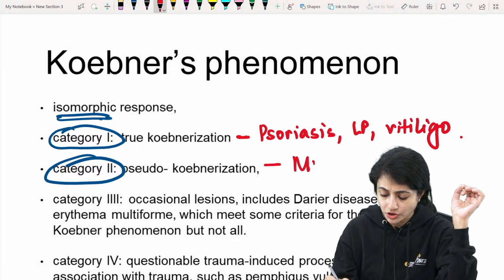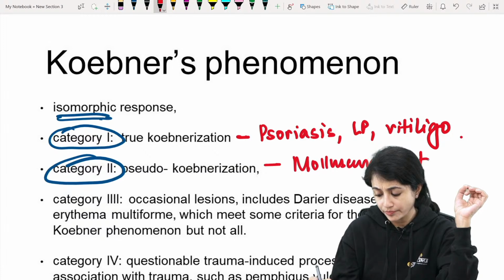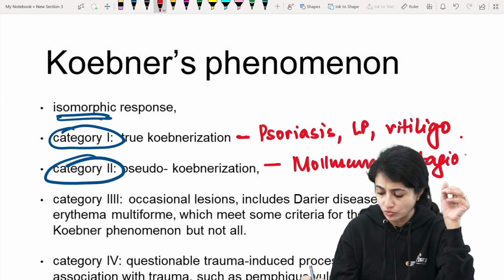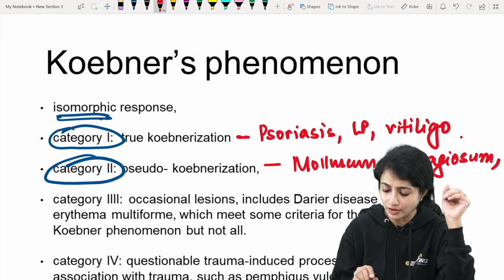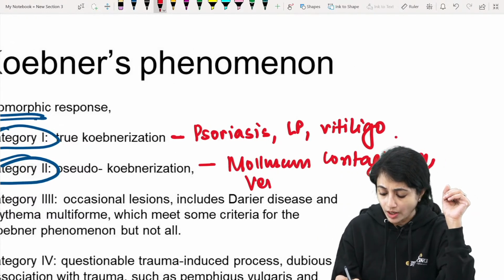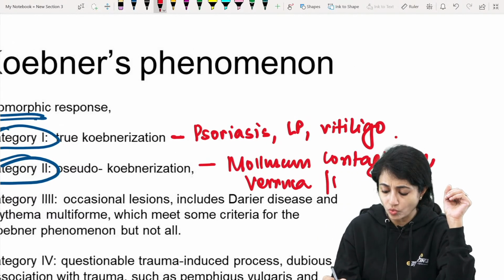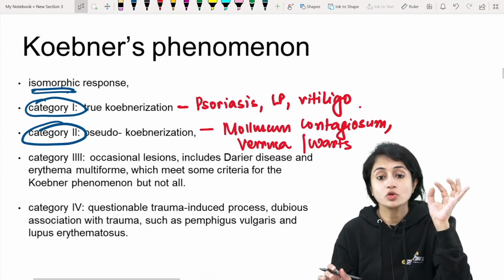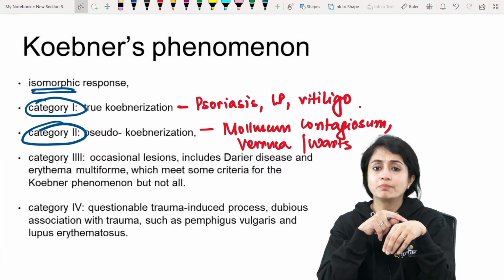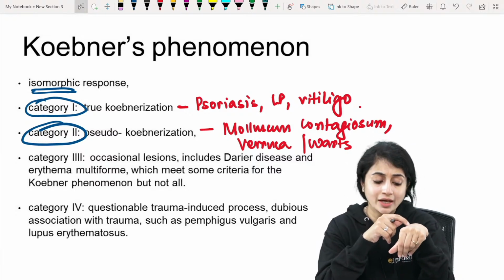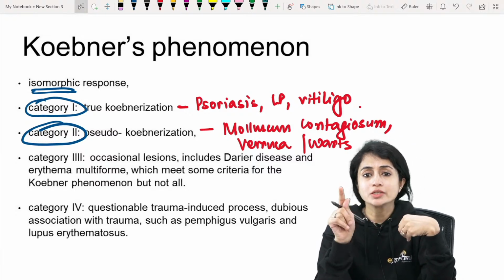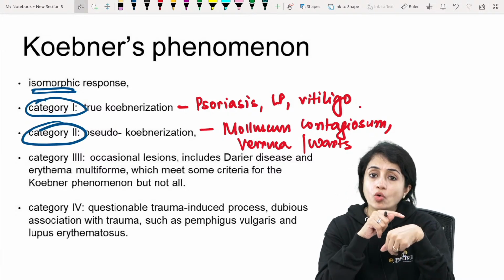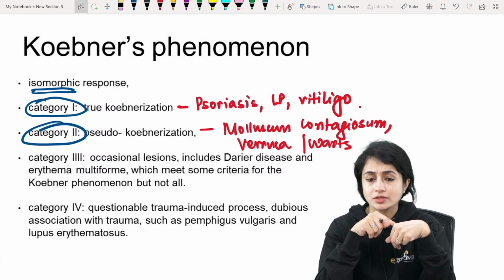Pseudo Koebnerization is seen in two main conditions, which is molluscum contagiosum and verruca or warts. You can forget about the other categories. Now why is it called pseudo Koebnerization? Whenever a patient has molluscum or warts and the patient scratches, the patient auto-inoculates the organism.